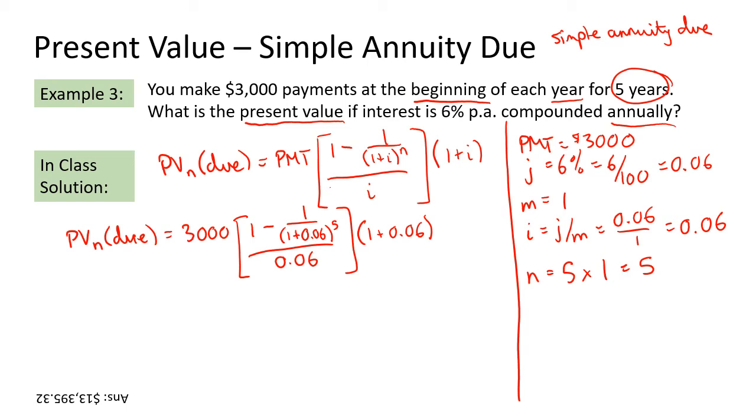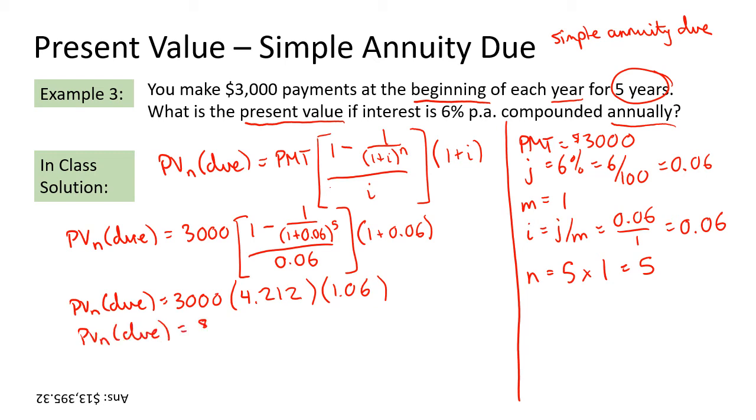Again, just like the last questions, if we take it in steps, your present value is equal to 3,000 times the brackets, which is equal to 4.212, times 1.06. And if you calculate this out, you get $13,395.32. So again, just like future value with that one additional term.